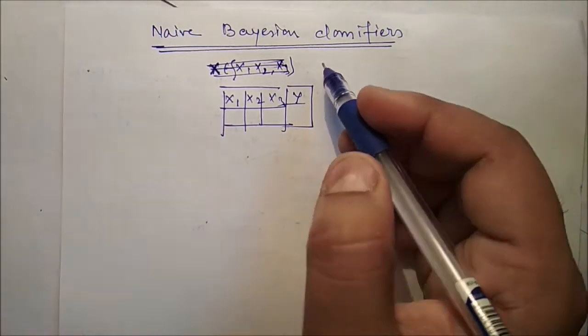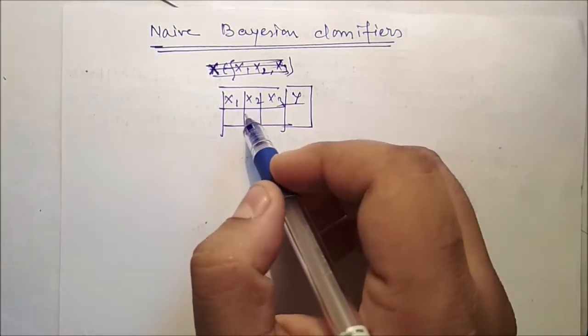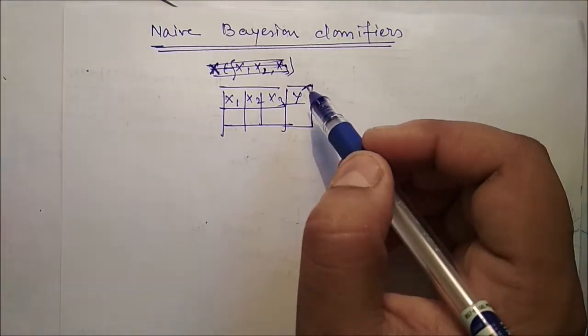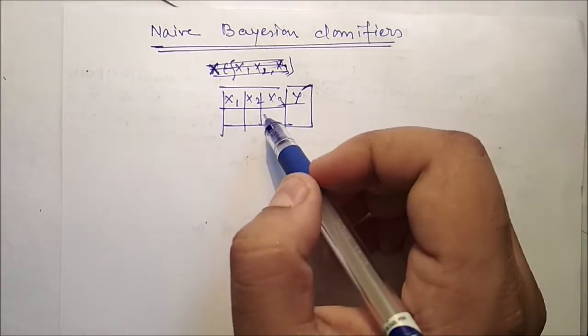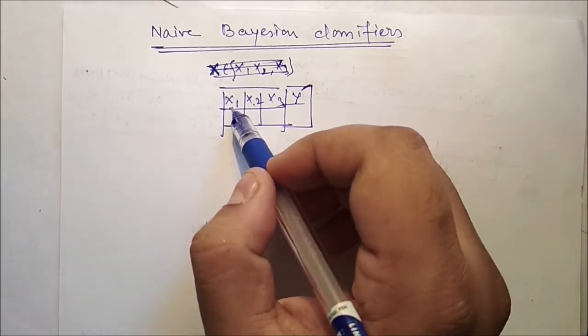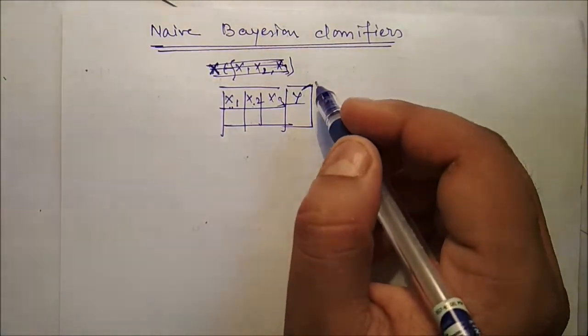Now here we assume that the effect of attribute values x1, x2, x3 on a given class y is independent of the values of the other attributes. So the effect of x2 is independent of the effect of x1, and the effect of x1 is independent of x2 and x3, and so on.